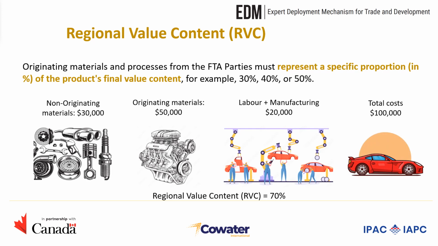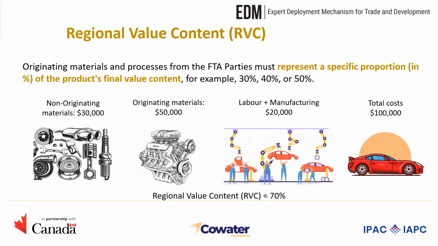So, for example, for a car produced in Vietnam, the rules under a certain FTA could be that the regional value content must be 70%. So if the non-originating material accounts for $30,000, meanwhile the originating material, the labor and manufacturing costs, all of which are sourced from Vietnam, account for $70,000, then the regional value content is 70% and the car can meet the rule of origin.